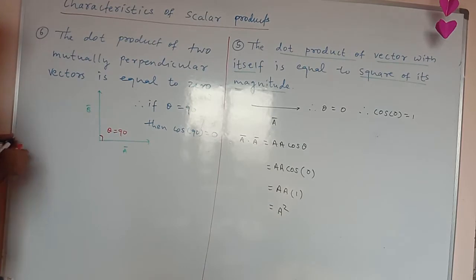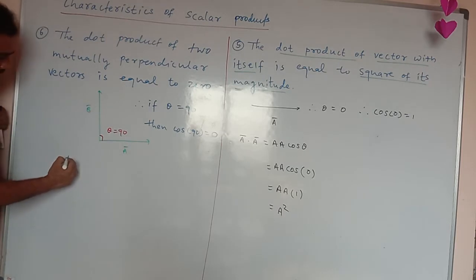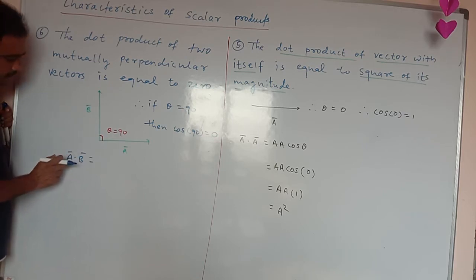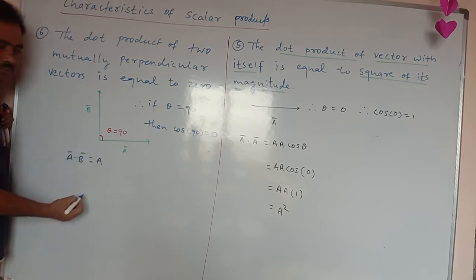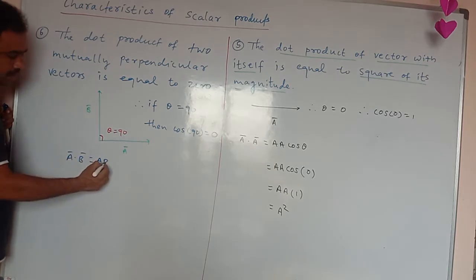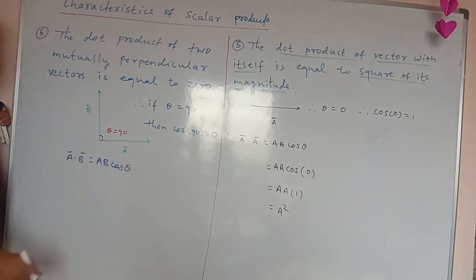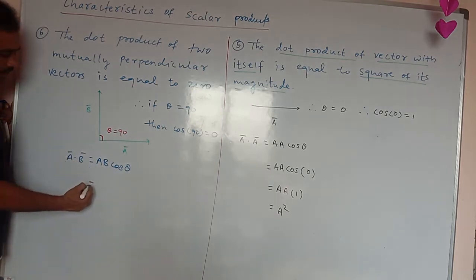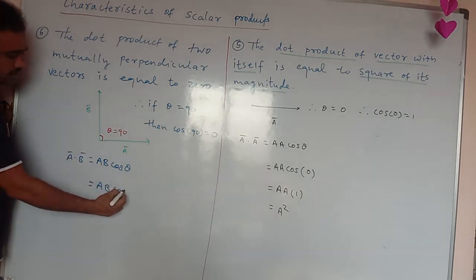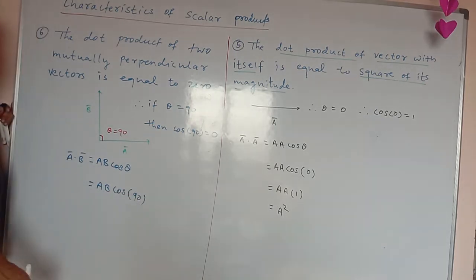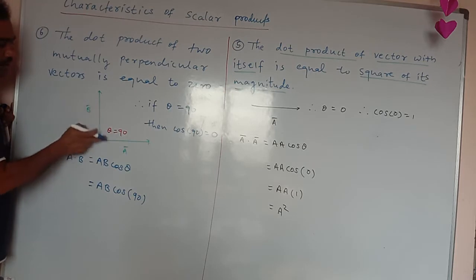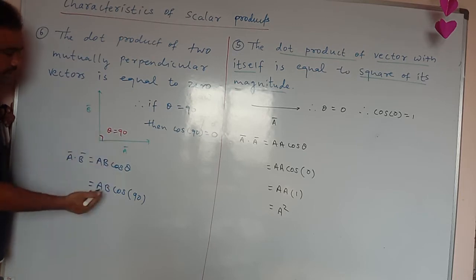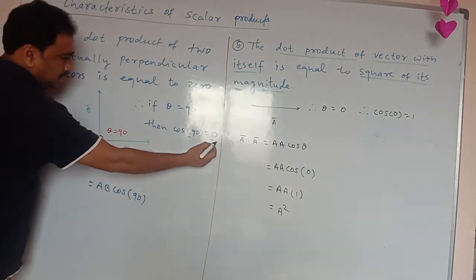So for the two vectors, vector A dot vector B is equal to the product of their magnitudes, where the magnitude of vector A is A and the magnitude of vector B is B. So AB cos theta is the dot product of vector A and vector B. Instead of theta we put 90, because both vectors are perpendicular to each other, so the angle of inclination between them is 90 degrees, and the value of cos 90 is 0.